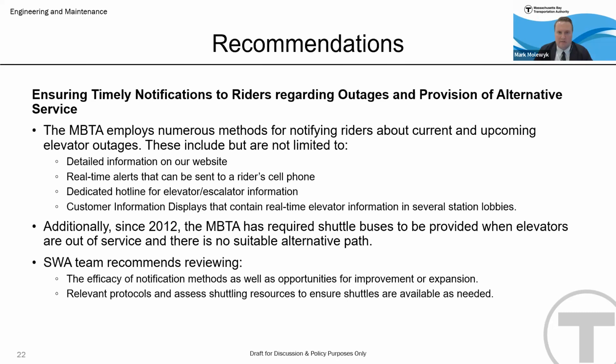Additionally, we also have a shuttle service that provides service when there are no alternative paths or accessibility via elevators. The SWA team, the system-wide accessibility team, recommends reviewing both this communication and alternative service path in the upcoming months. Next slide.